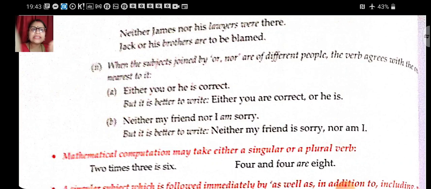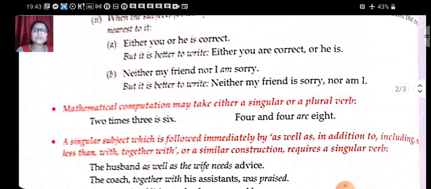So that is the reason they have used either you are correct or he is. So both are using different subjects as well as verbs. Neither my friend nor I am sorry. But if it is written this way, neither my friend is sorry, comma, nor I am. So both are different. Now let's read out the next one.